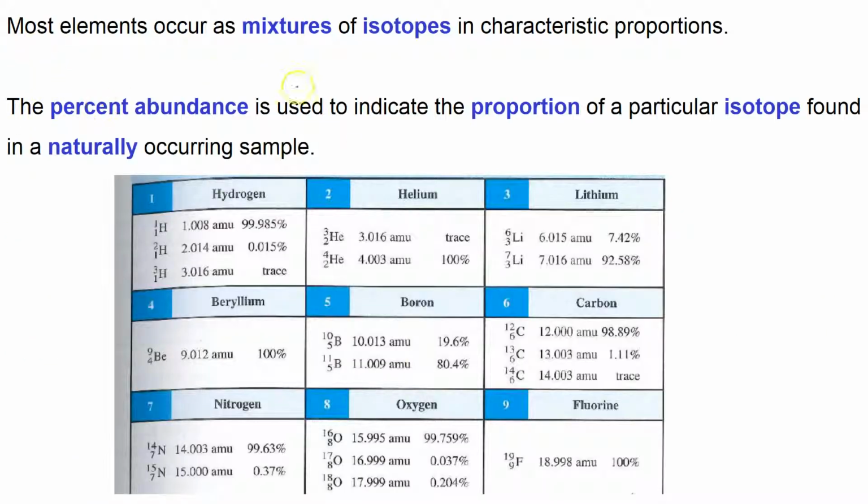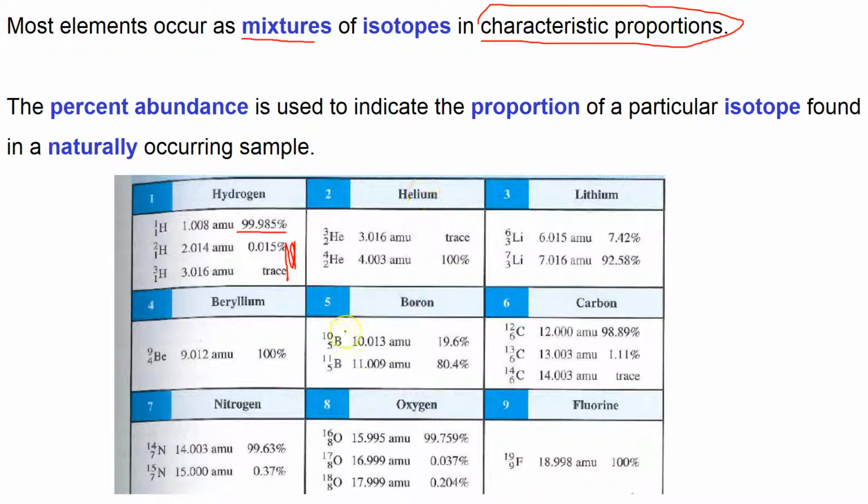So most elements occur as a mixture of one or more than one isotope, and these mixtures are of characteristic proportions. So for example, if we look at the three isotopes of hydrogen, it's overwhelmingly the first one with very small amounts of the second two.